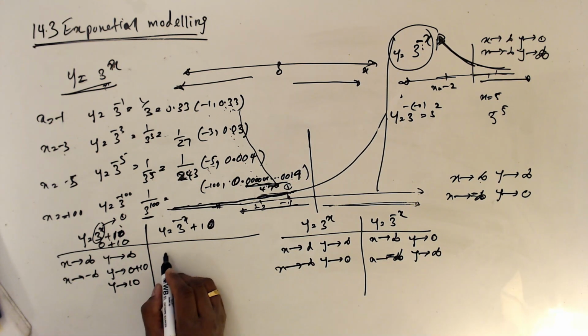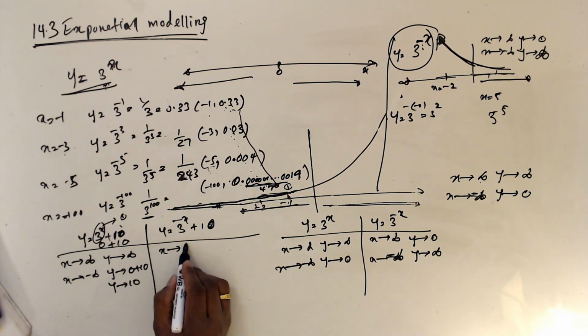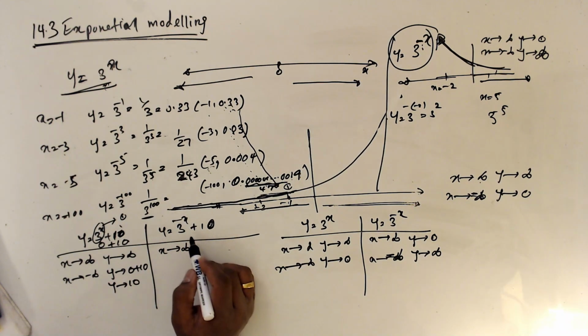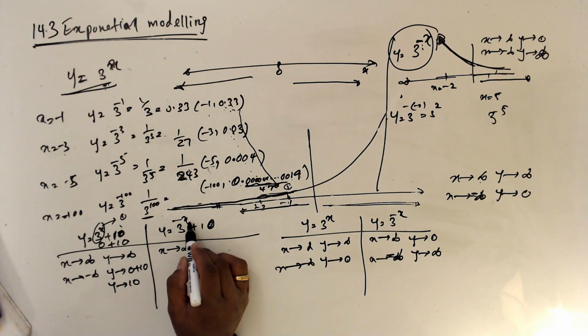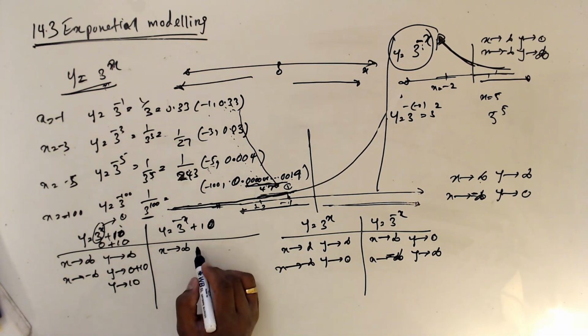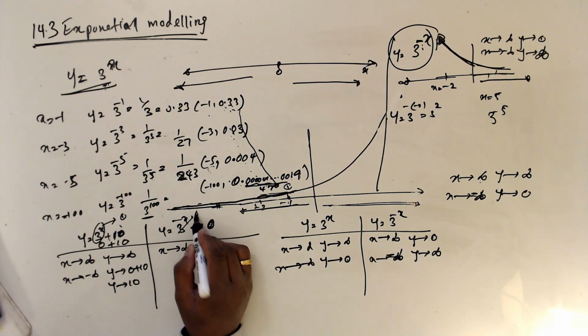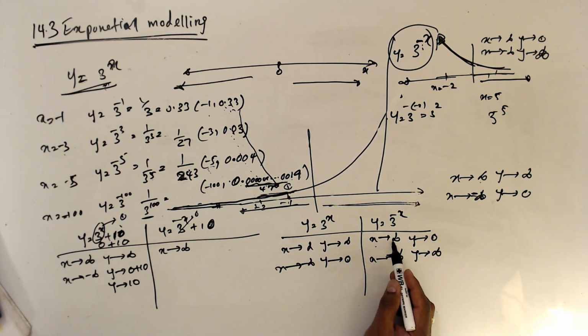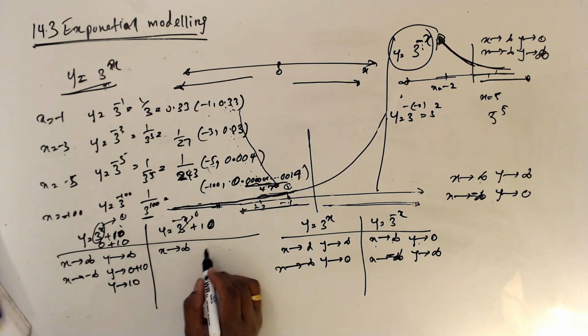And same as here, when x goes to positive infinity, this part is going to be 0. In this graph, x goes to positive infinity, this part is going to be 0.